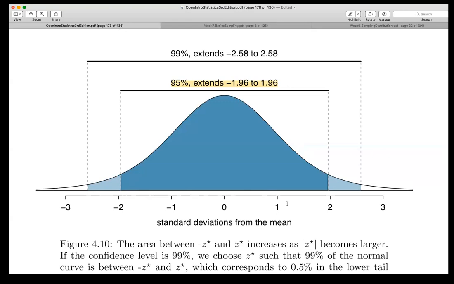But in real life, we're never 100% confident with our point estimate. We can say 95%, and if we were to run this 20 times, our true population mean will be within this confidence interval. That's all we can say. We cannot say whether or not our particular point estimate is in fact within that confidence interval.